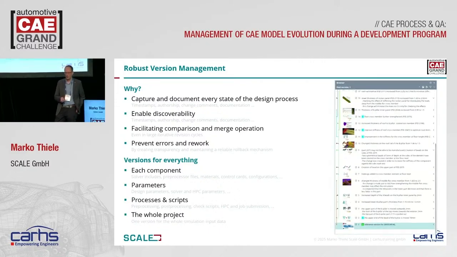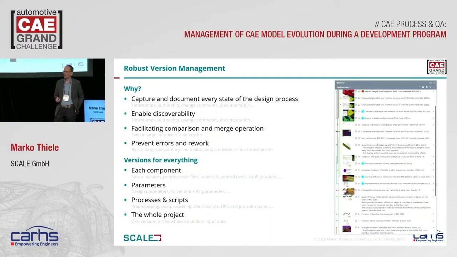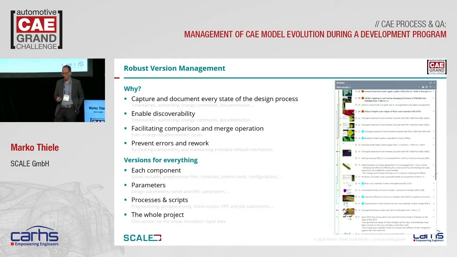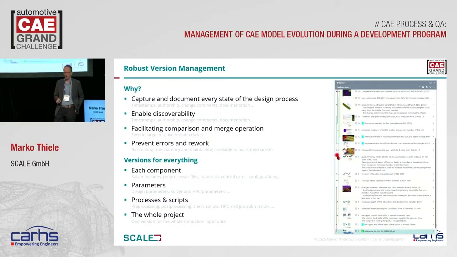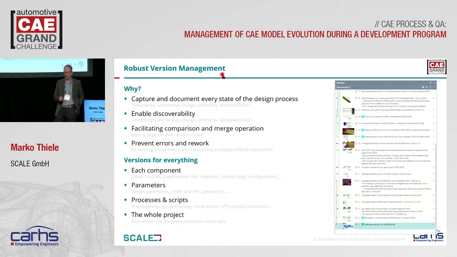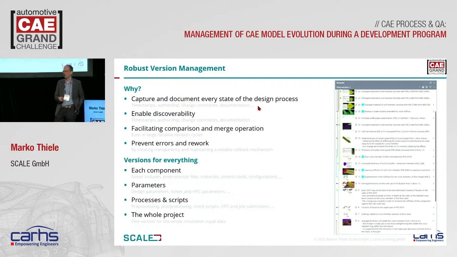And what we did is we implemented something which is very similar to the approaches that you know from Git. So what Mr. John talked about in his talk was actually giving us ideas at the time we implemented that. But why do you need version management? Actually, you want to capture and document everything that you did, because this is actually knowledge.